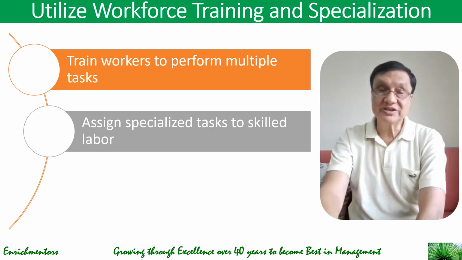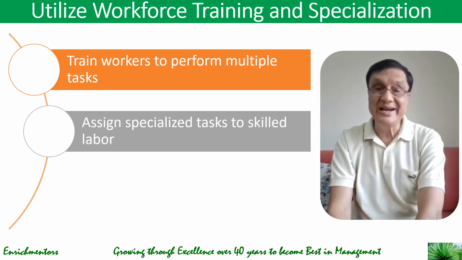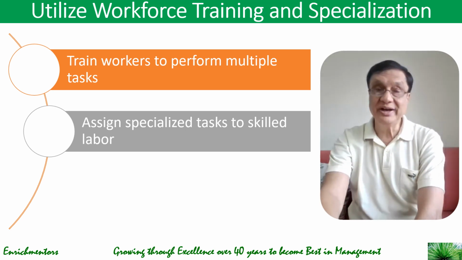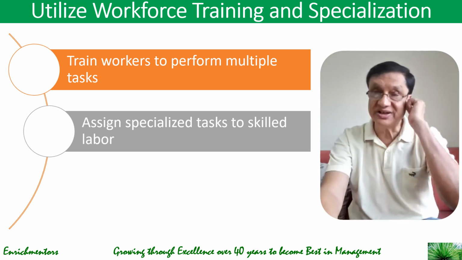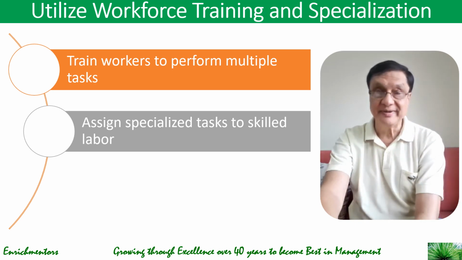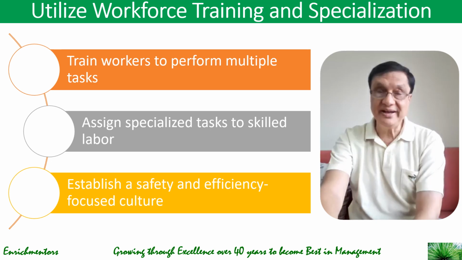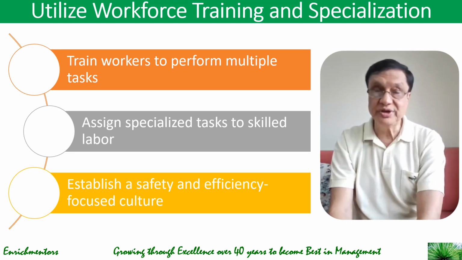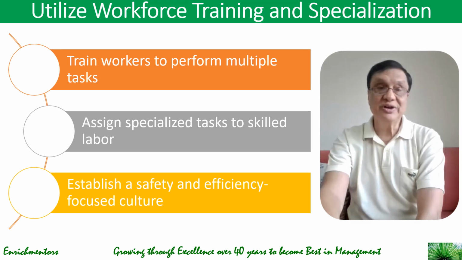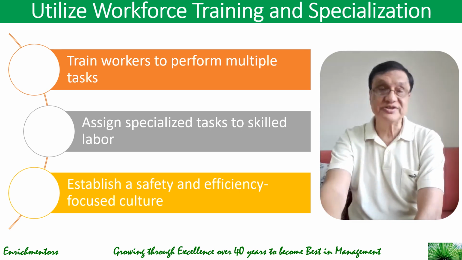And also assign specialized tasks to skilled labor to maximize productivity and minimize errors. So if you get the right skilled labor and specialized tasks are assigned to them, you can then reduce the errors. Also establish a safety and efficiency focused culture to reduce downtime due to accidents or delays. So like this, you can utilize workforce training and specialization for more efficiency.